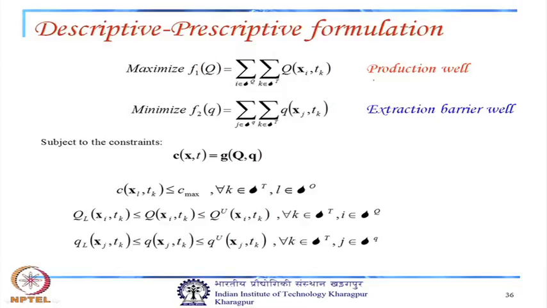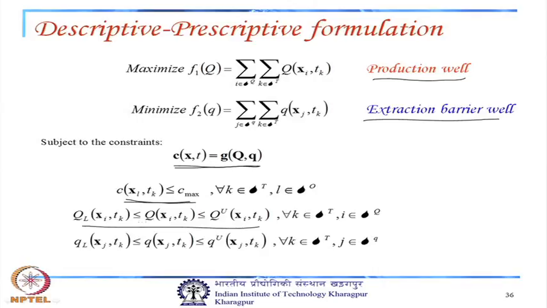We can have 2 objectives for any saltwater intrusion management model, that is, production wells and extraction barrier wells. This is the groundwater flow and transport equation, which relates the concentration with the flow transport relationship. There should be some kind of limit on concentration, that means the concentration in the region should not exceed some value, and there should be a cap on the pumping values.